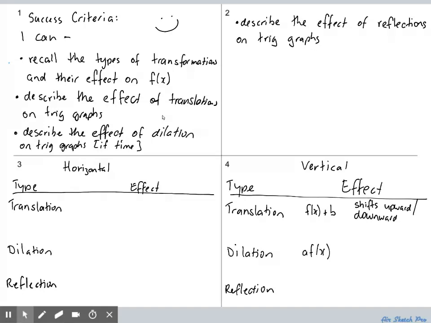So the keywords are stretches or compresses, and then it's towards, stretches away from or towards the x-axis or the y-axis.